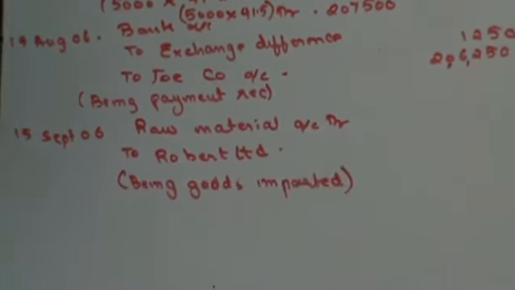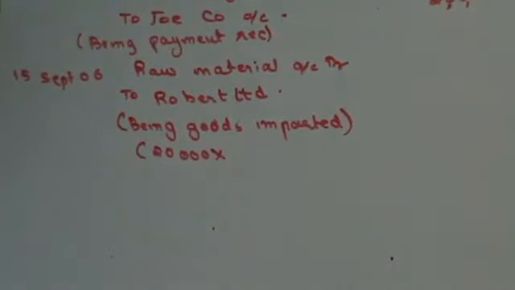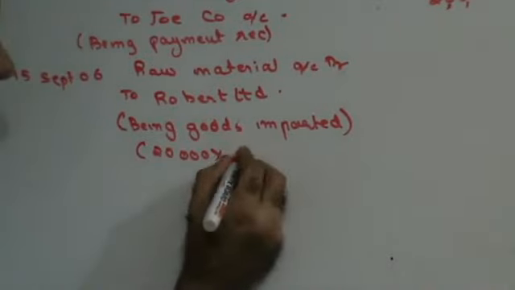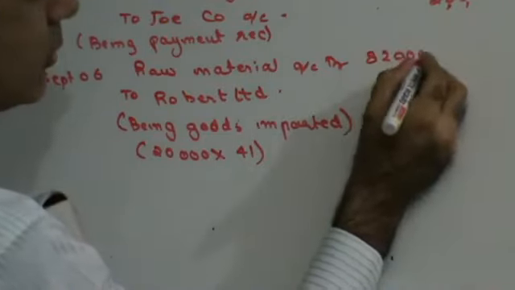You have imported goods of $20,000, and the dollar rate on 15th September is 41. So how much does that come to? 8,20,000.